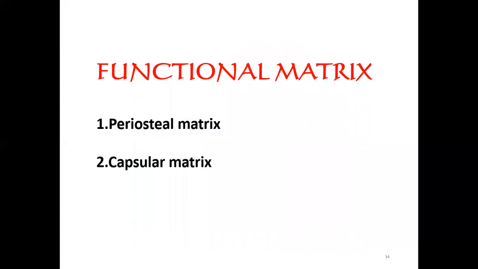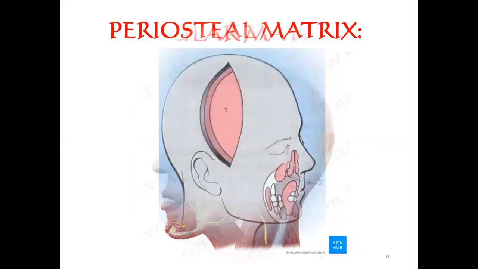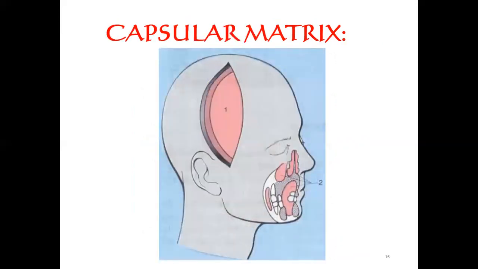Next is functional matrix. Functional matrix can be again divided into periosteal matrix and capsular matrix. Periosteal matrices comprise all the tissues, organs, and spaces together. The periosteal matrices have a direct effect on the skeletal unit, thereby producing a secondary compensatory transformation in size and shape of the skeletal unit.